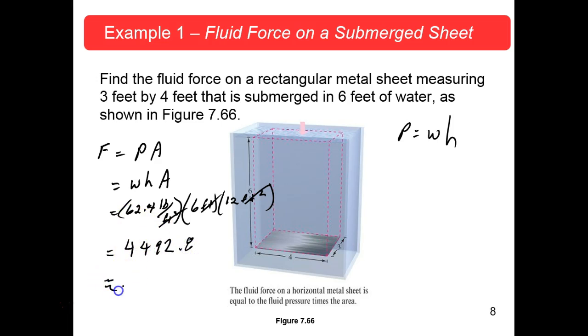Let's just round that to about 4,500 pounds. That was my guess anyway. They probably carry a few more digits here. Oh, they do, the 4492.8. They carry them all.